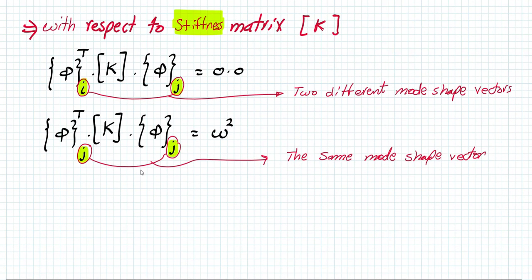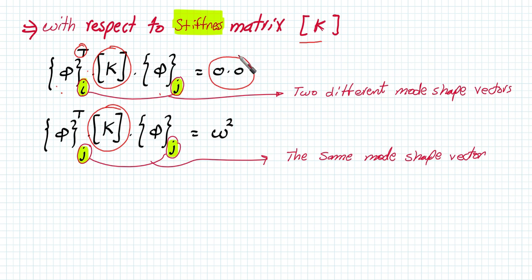In the case of the stiffness matrix, we have the same thing. In the middle we have the K matrix, and on the two sides, phi I transpose times the stiffness matrix times phi j equals 0.